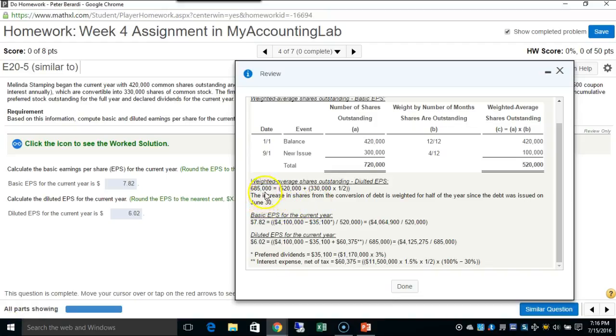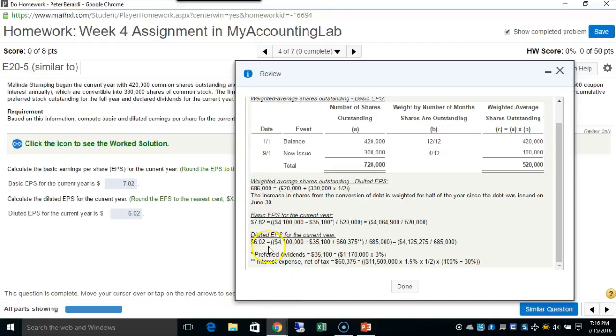The denominator for the diluted earnings per share will be your basic earnings per share calculation, 520,000 plus 330,000 times 1/2, or divided by 2, or take 6/12. All that basically is the same fraction. Add that and you get 685,000.